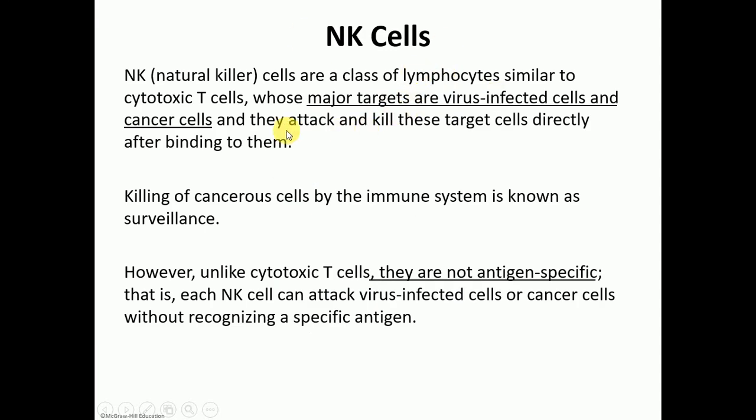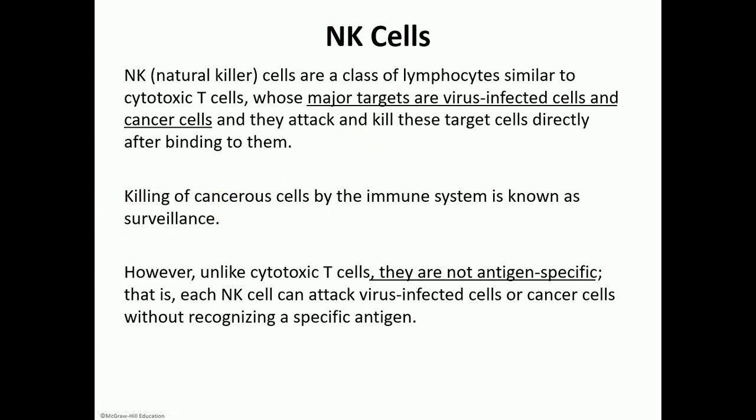Natural killers do a survey of our cells all the time. So as we're sitting here, as healthy individuals, lots of our cells undergo cancerous changes, but our natural killer cells are always surveying all of our cells.